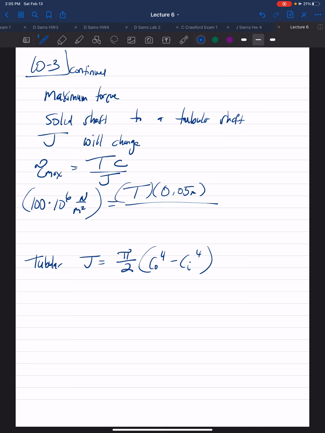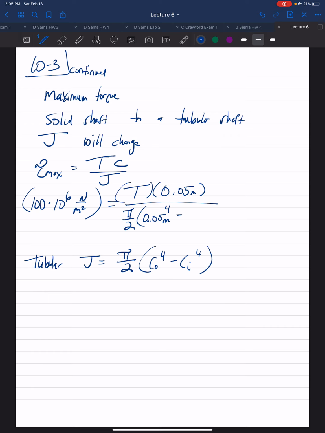So plugging that formula into the denominator is pi over 2 times our outer radius, which is 0.05 meters, minus the inner radius.